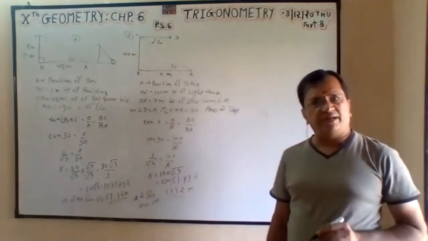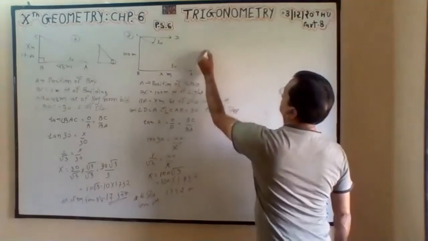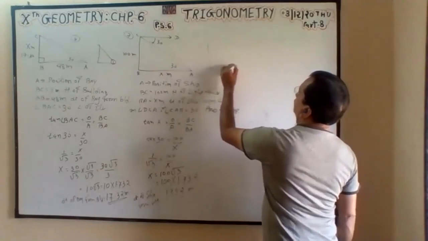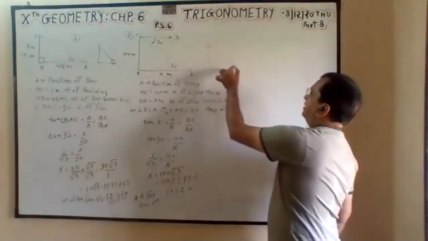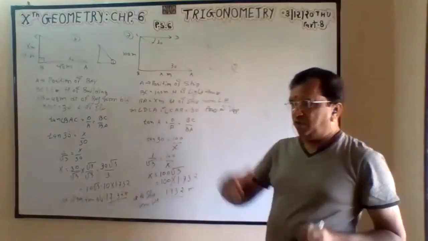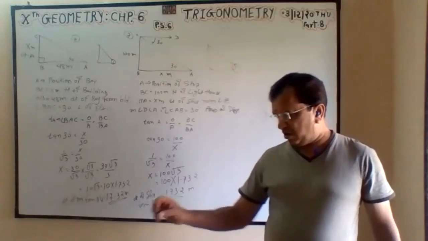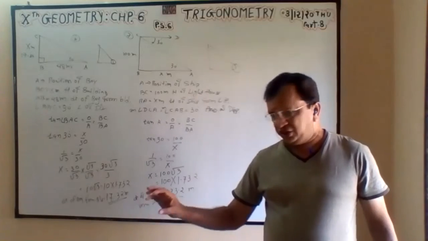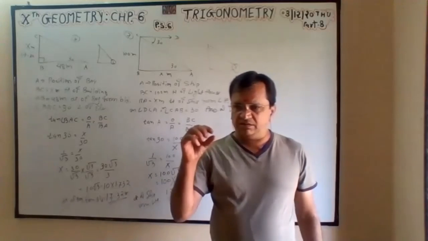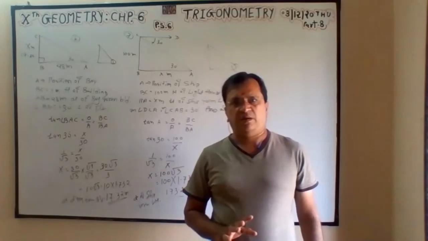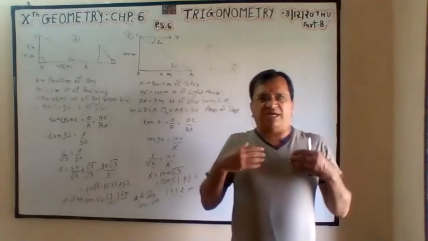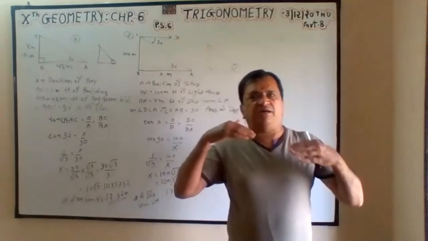So it will come as an error. For the ship also, this is the lighthouse, this is the ship. This will come as an error. Because compared to this much height, the height of that boy or the height of the ship horizontally is negligible. Okay, because my height is around 6 feet.